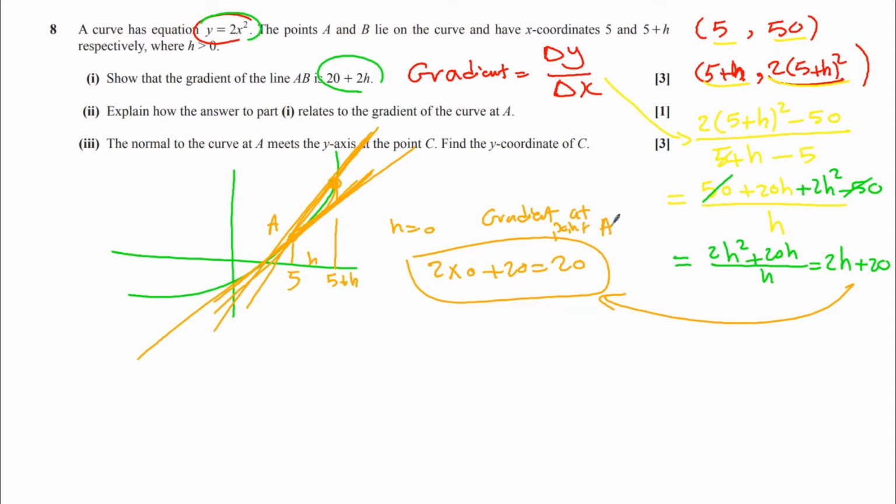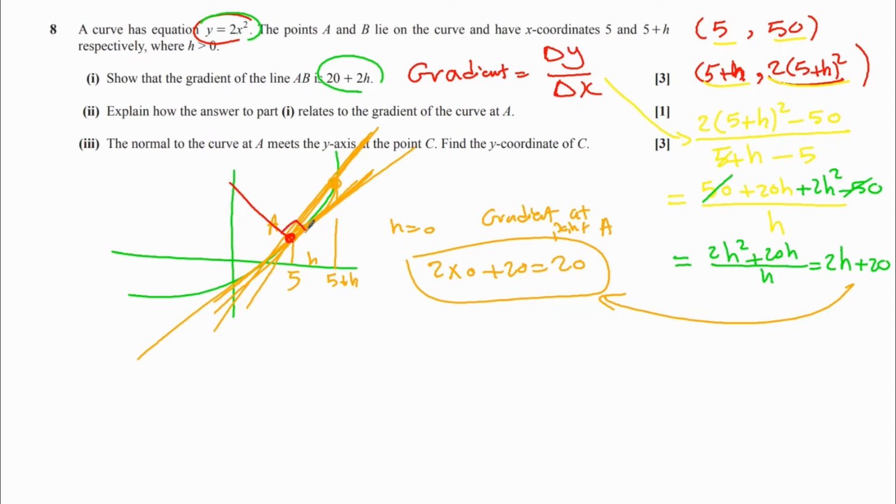Part 3: the normal to the curve at A meets the y-axis at point C. Find the y coordinate of C. So now imagine that we have the point A and we have the normal. Normal means it is perpendicular to the tangent.